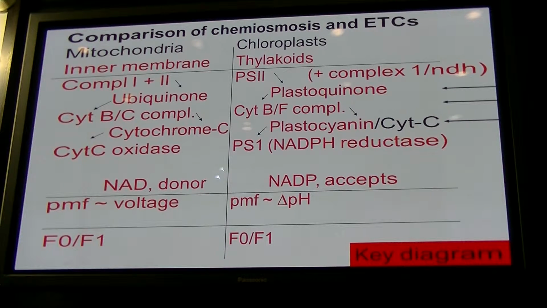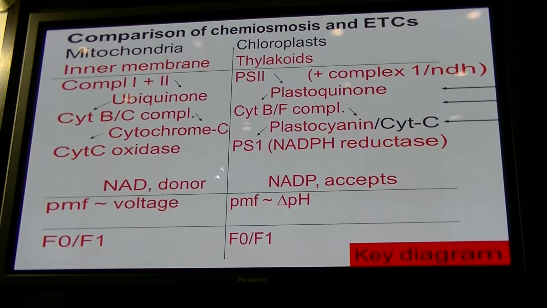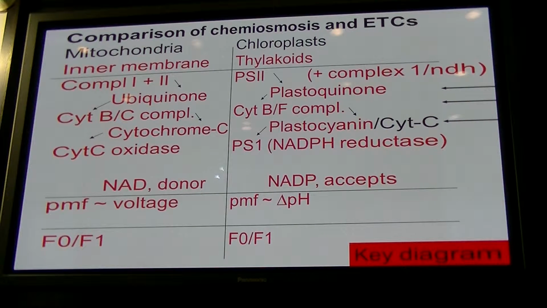Right. So now we can compare photosynthesis and respiration. And there's a point to this comparison. In the mitochondrion, respiration has an electron transport chain. In the chloroplast, that chain is in the thylakoids. In the mitochondrion, electron transport starts with complex 1 and 2. There are 2 different starting points.